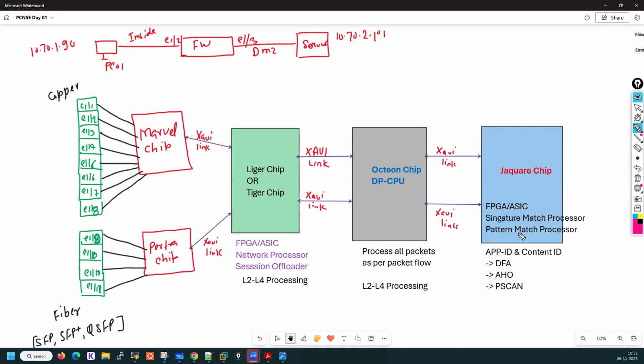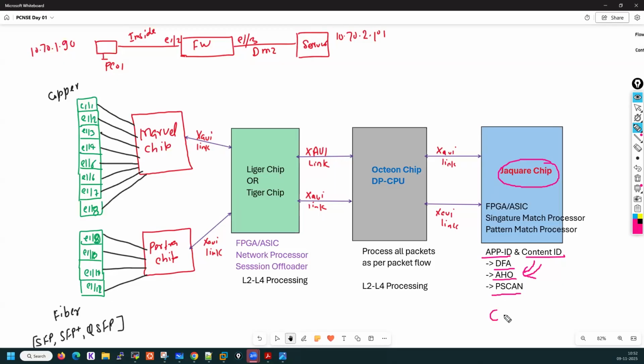Now, I have included 2-3 things here, like in your signature match procedure, this processor is only responsible for App-ID and Content-ID. So you know guys, in this particular engine, there are 3 algorithms: DFA, AHO, and PScan.